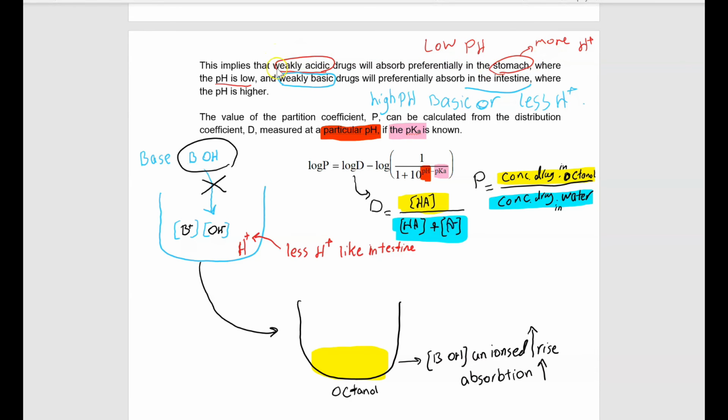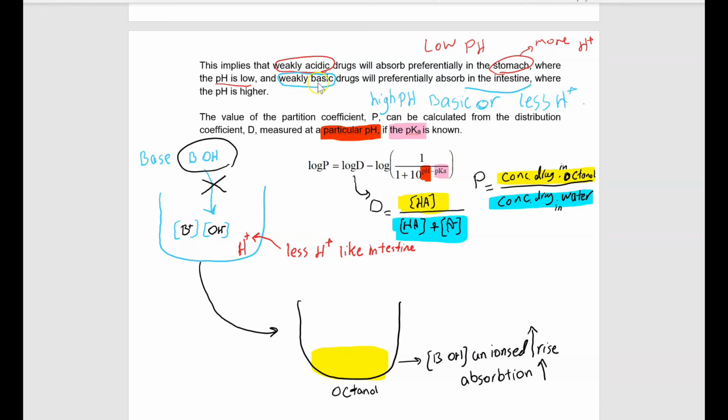But if you put your weak acid somewhere basic or with fewer hydrogen ions, this weak acid will try to produce more hydrogen ions. It means that it dissociates and gets ionized more. So if it gets ionized, it's harder for it to be absorbed through an organic medium such as a membrane.